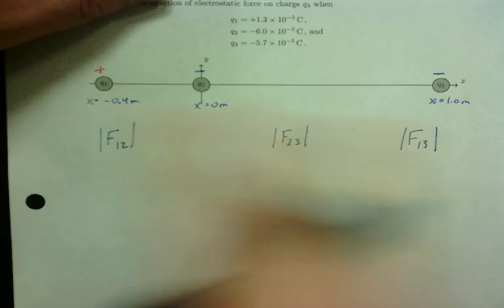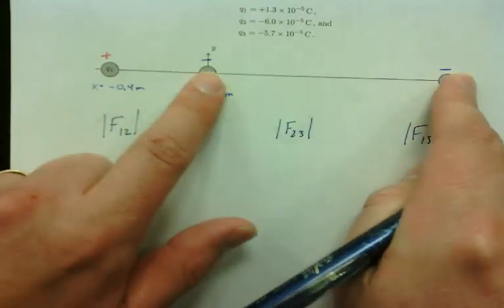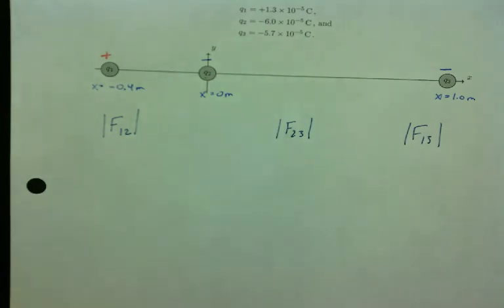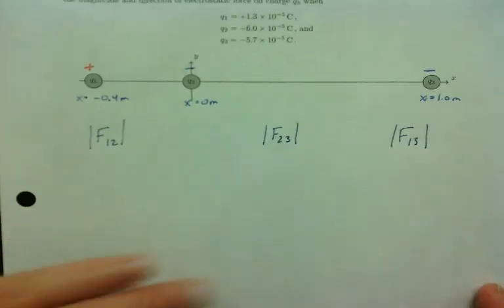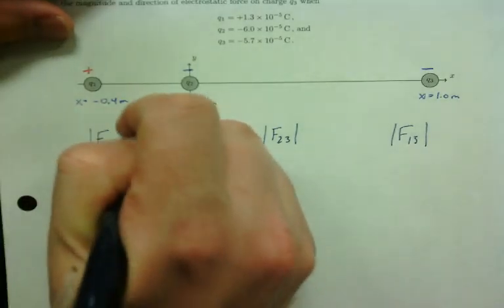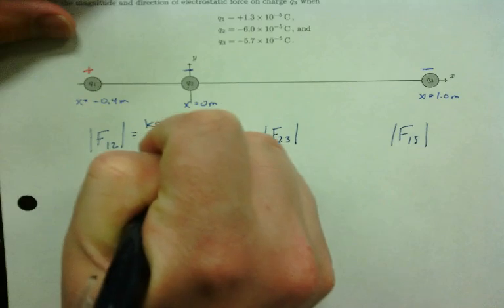Those are the only three pairs of charges we have. All right, so this equation works for two of the charges at a time, so I'm just going to fill this in. This would be k Q1 Q2 divided by r squared.